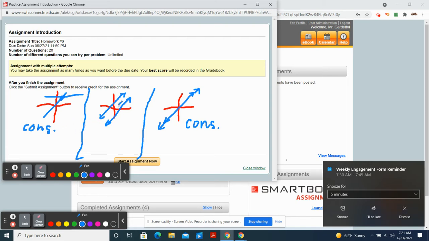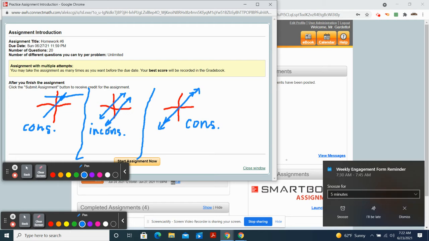And this one here does not cross at all. So this one has zero solutions, and so this one's called inconsistent. And it's either one or the other. It's either going to be consistent or it's going to be inconsistent. So there's only one type of system that's going to be inconsistent.